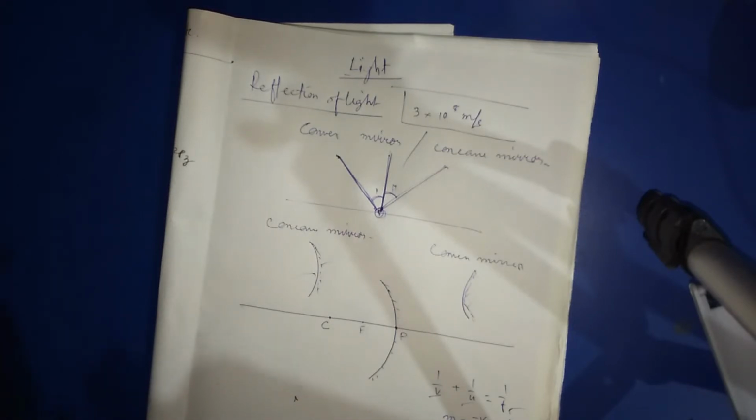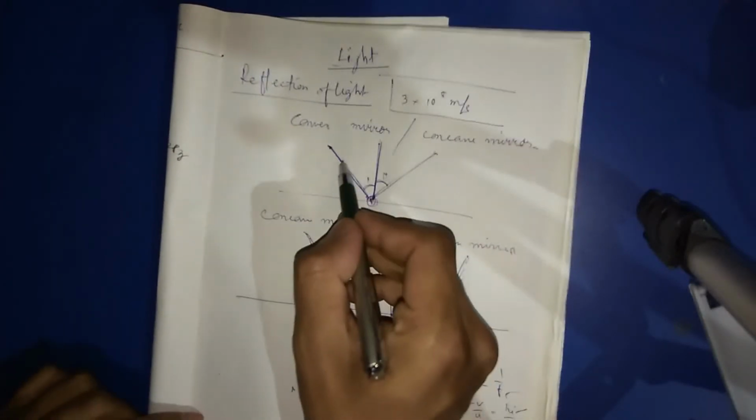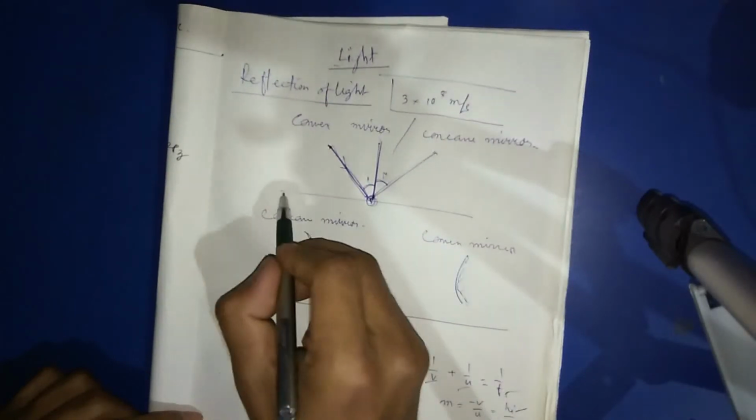Now, what is reflection of light? Reflection of light is the bouncing back of light into the same or initial medium. We have two laws for reflection of light. One law: suppose this is the surface.